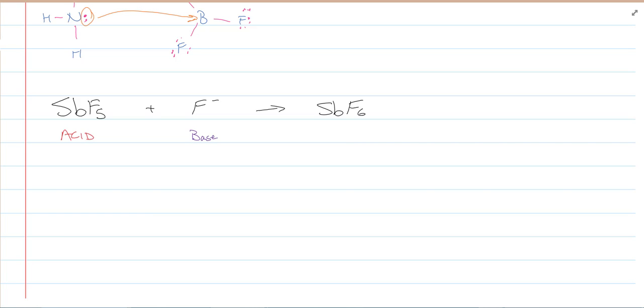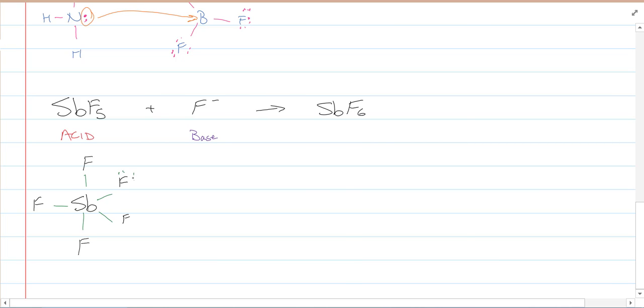Antimony has 5 valence electrons. Fluorine has 7. So 7 times 5 is 35, plus 5 would be 40, or 8 times 5 is 40. Antimony is in the middle, because fluorine is not. And we can draw that out. 2, 4, 6, 8, 10, and then 12, 14, 16. You remember doing this.